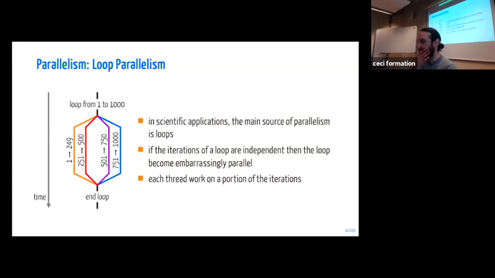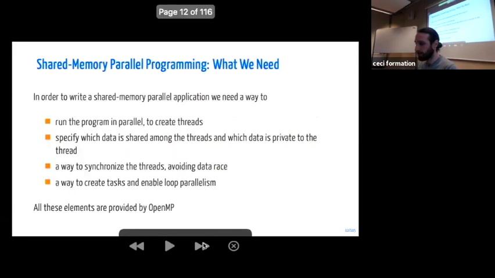So these are the two main sources of parallelism available in OpenMP. You can either consider task parallelism, or what we will focus on today, because it's just an introductory course, loop parallelism.